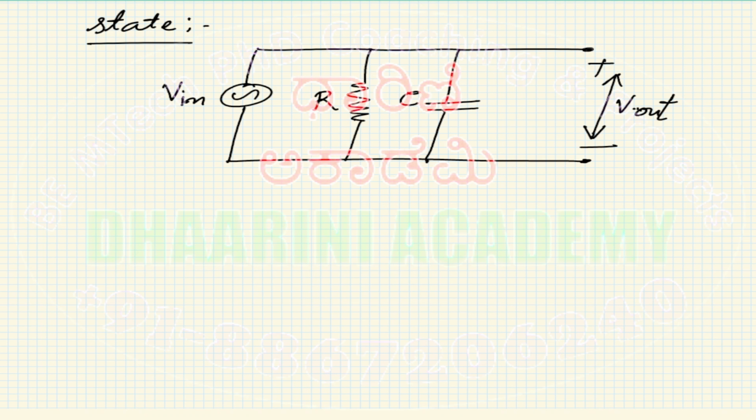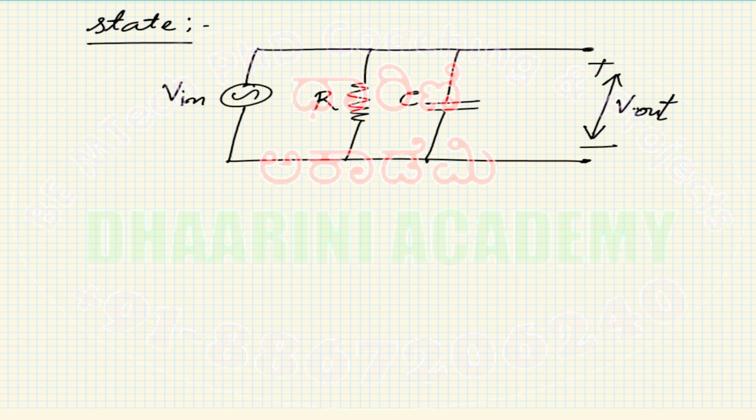V in is being applied at t equal to 0, let's assume. But you know that the capacitor actually stores some voltage, isn't it? If there is some voltage existing across the capacitor before you apply V in, that's going to change the way of calculation here.